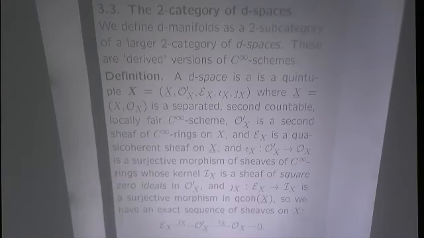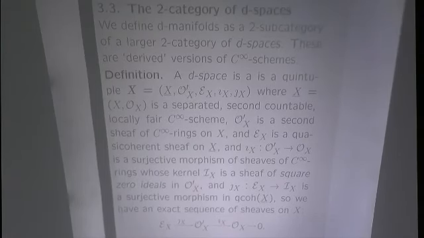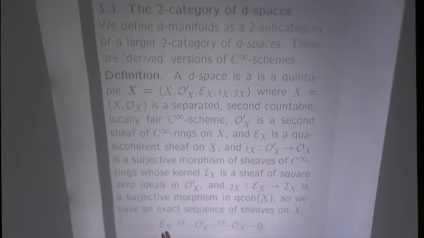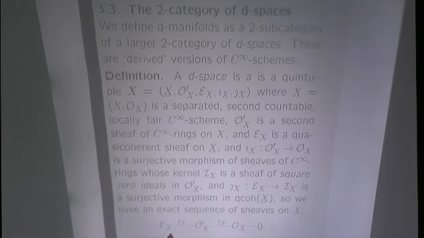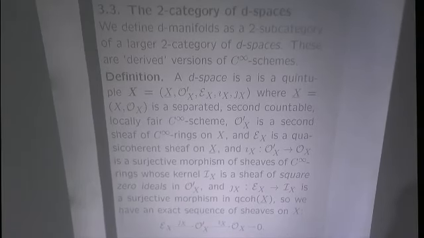So basically, this tells you that X is a C-infinity scheme in two ways. And this is a morphism between those two schemes, which is the identity on points. Then we've got a quasi-coherent sheaf, which is the kernel here, which is therefore surjecting onto the ideal in here, which is the kernel of that morphism.